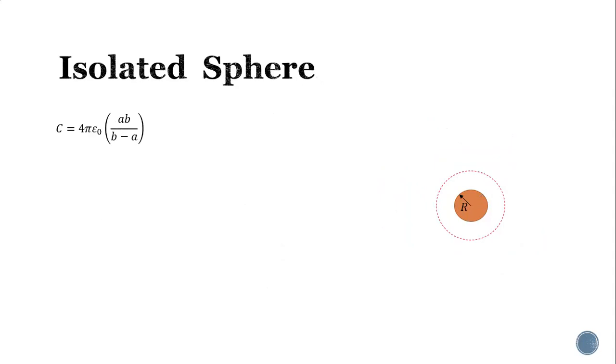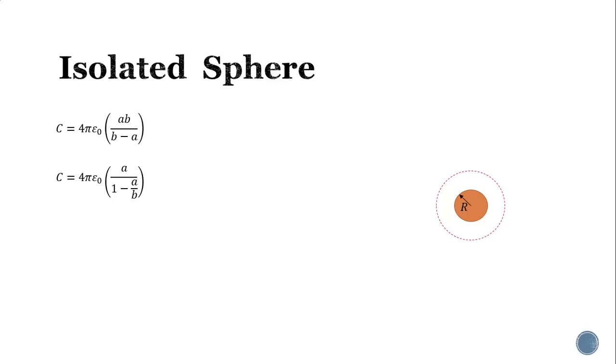Now the last type of capacitor that's kind of interesting is that an isolated sphere of charge can act as a capacitor as well. We probably already know this from when we did the Van de Graaff generator demo. Essentially what we're doing is creating an isolated sphere of charge. So first I'm going to rearrange this fraction a little bit.